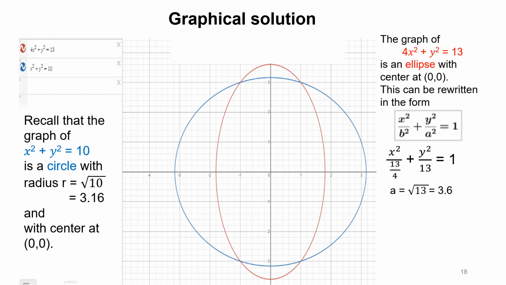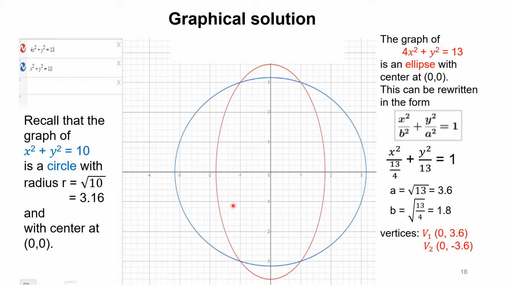That is, our a here is equal to square root of 13, which is 3.6, and our b is equal to square root of 13 over 4, which is 1.8. So that when we graph that one, we will have the vertices V sub 1 at 0, 3.6.